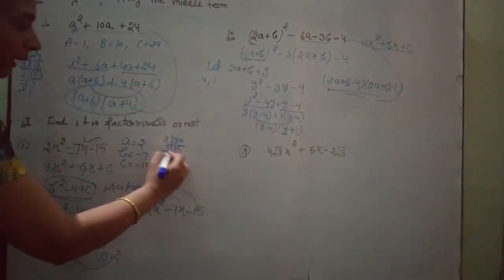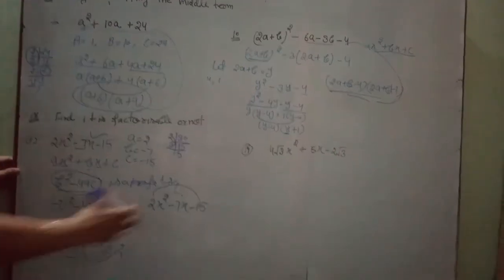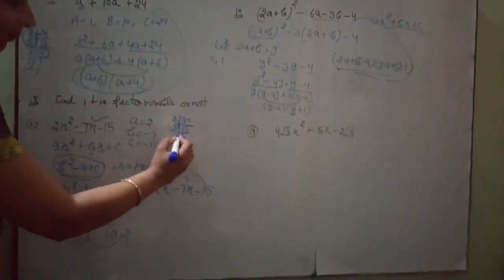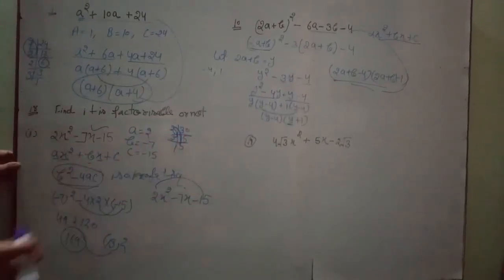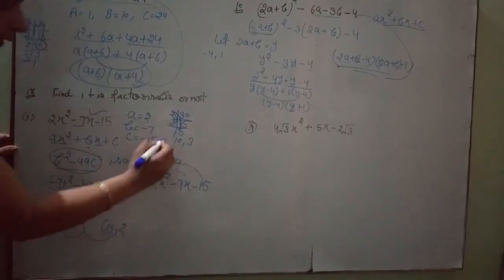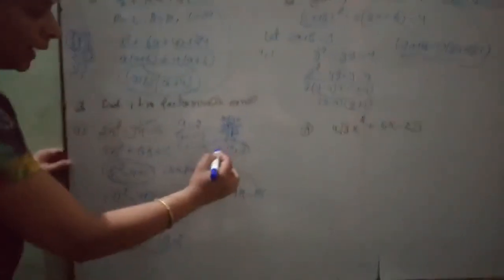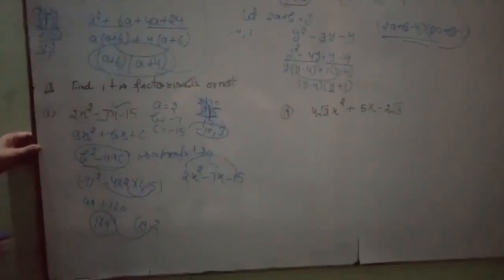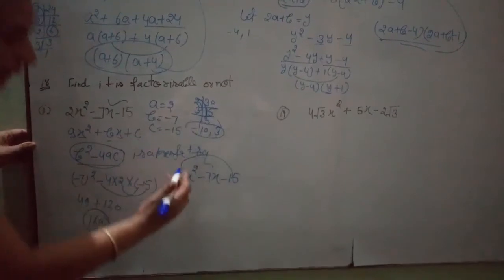Again 6 and 5, not 7. Again, if we take 10 and 3, with 10 negative and 3 positive, the sum of the two terms is minus 7 and the product is minus 30.